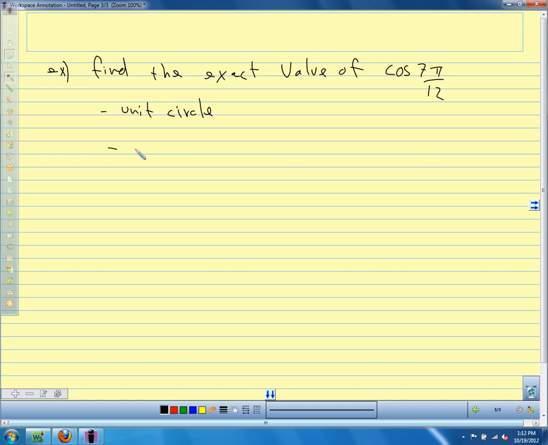We want to find two angles that add or subtract to 7 pi over 12, and we want these angles to be unit circle angles. So anybody have an idea of how we might do this?